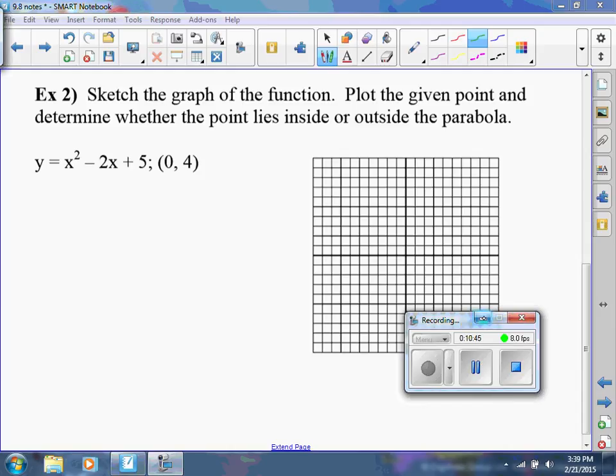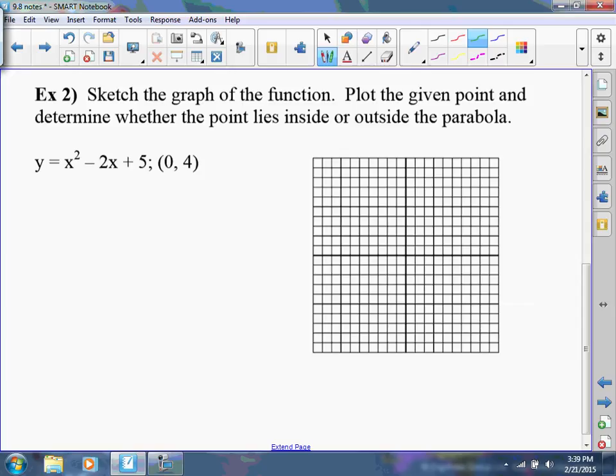Okay, so to start this problem, we're going to start just like we did the last one. We're going to take a look just at our equation here. The way it's written, this ordered pair we're going to save until later. It's already in descending order. I've got my 1x squared minus 2x plus 5.